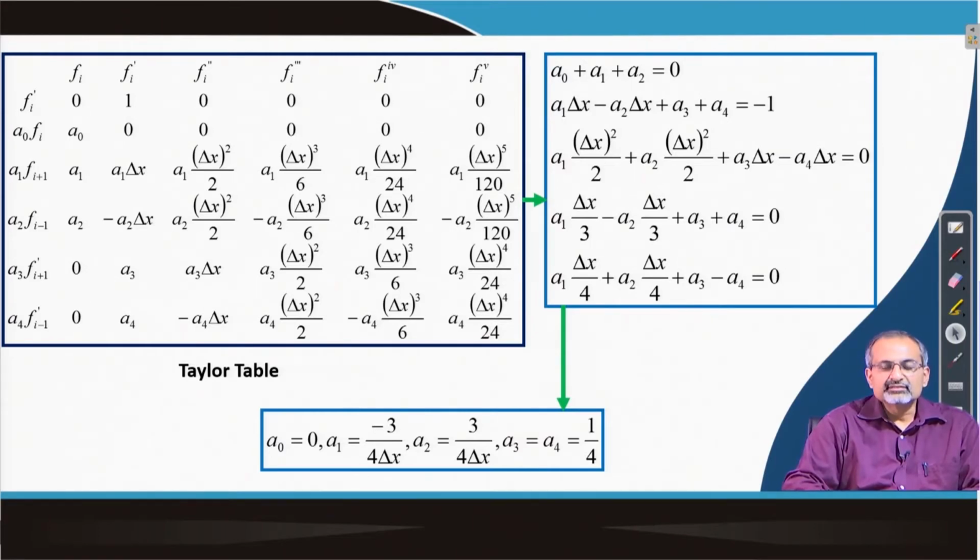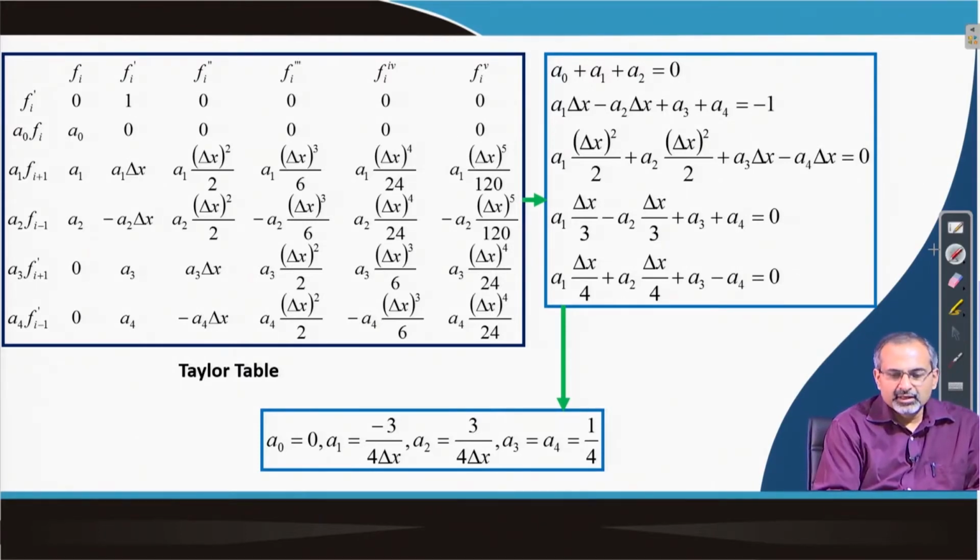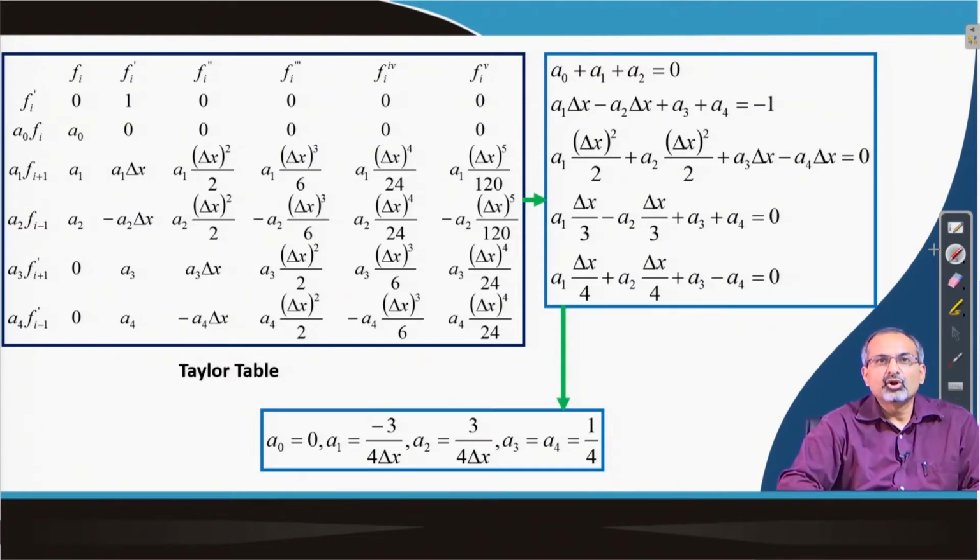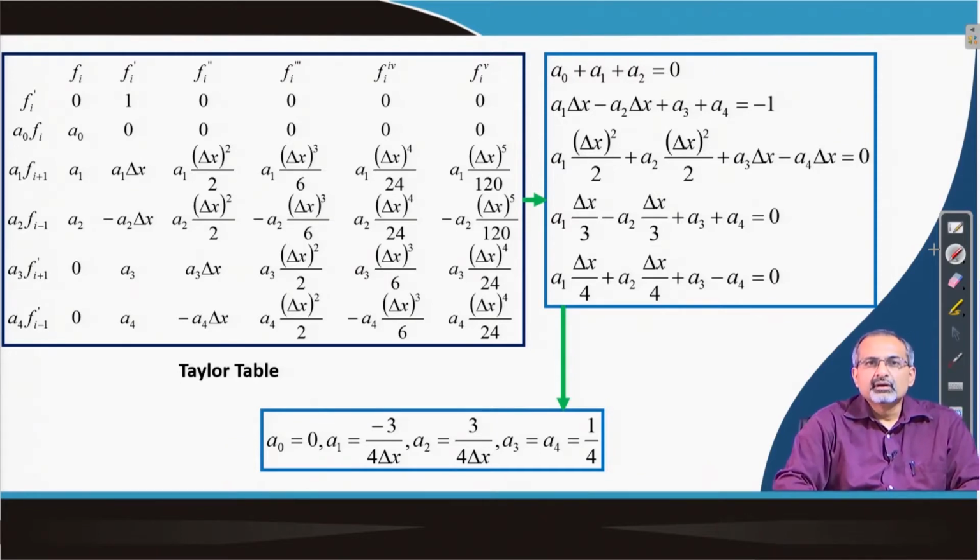So, it should be a straightforward exercise, and if we look at the number of unknowns in this formulation, we have 5 unknowns to be solved, starting from a0 to a4, and therefore, we would need 5 linear algebraic equations to be defined in order to solve for these unknowns.